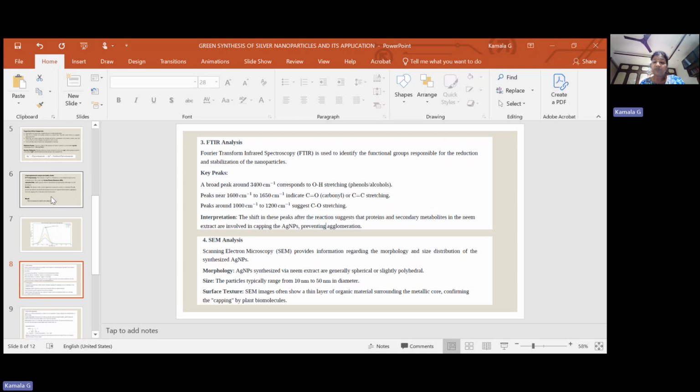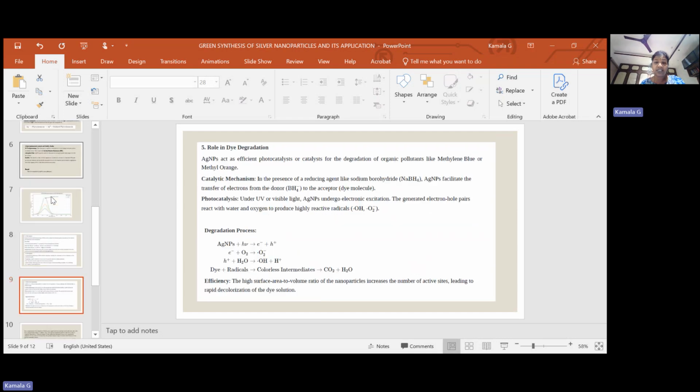The surface texture shows a thin layer of organic material surrounding a metallic core, capping by plant biomolecules. In this way we can analyze the nanoparticle distribution by SEM analysis.